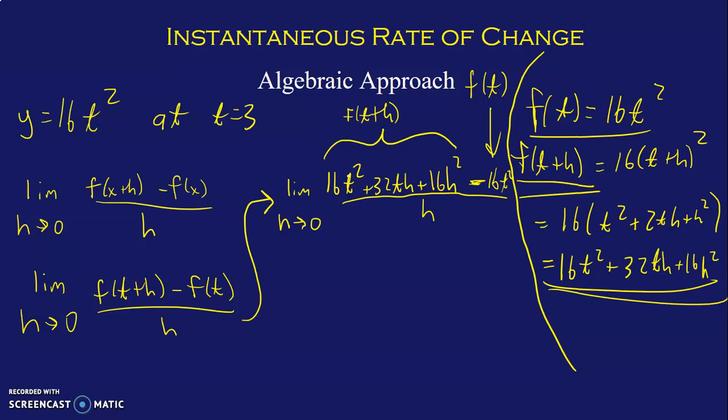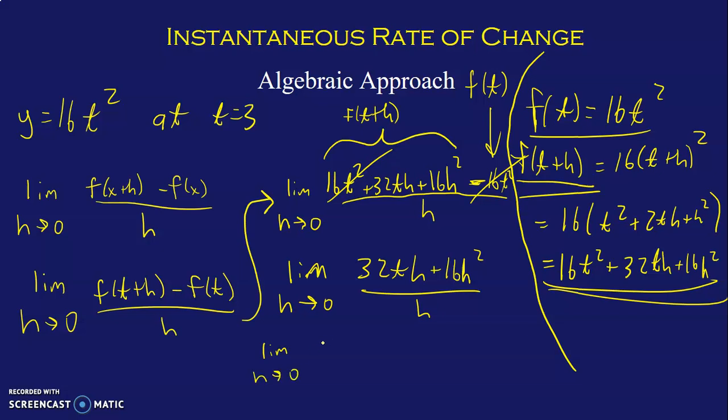I have a positive 16t squared and a negative 16t squared, so those can cancel out. So this becomes the limit as h approaches 0. Cancel these out, and I would have 32th plus 16h squared over h. And then I can pull out an h on the top, because right now I'm still dividing by 0 if I plug it in. So I can pull the h out on top, the limit as h approaches 0 of h times 32t plus 16h.